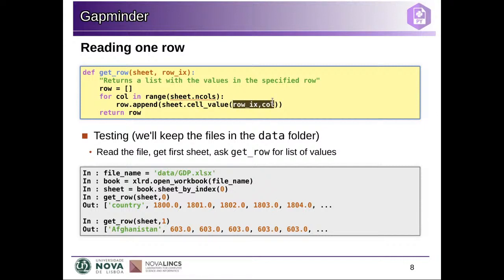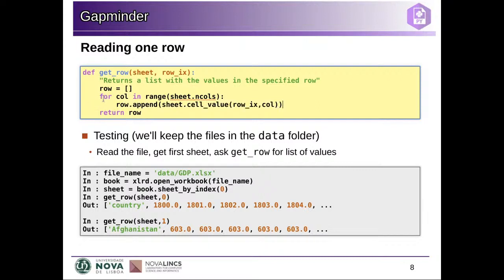Remember, starting at 0, so the first row is row 0, the second row is row 1, and so on, and the same for the columns. So if we want the data in one particular row, we're going to loop through all the columns and create a list with the values of all the cells, of all the columns in that row.